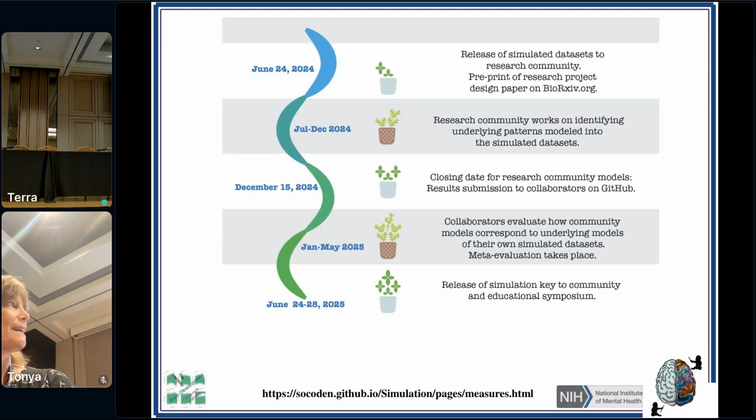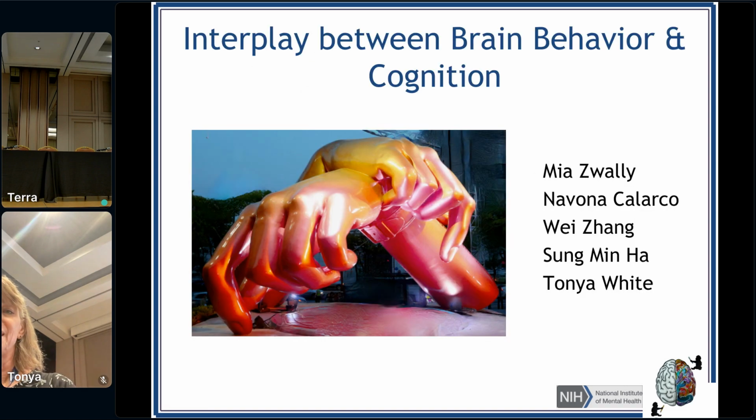The timeline is shown here, and this is also on the website. The data is available; you can download the data now. One site is still coming, but the rest of the data is out there. I was at the Brain Hack and was able to play around with a couple of the data sets, and had a group of us looking at the interplay.